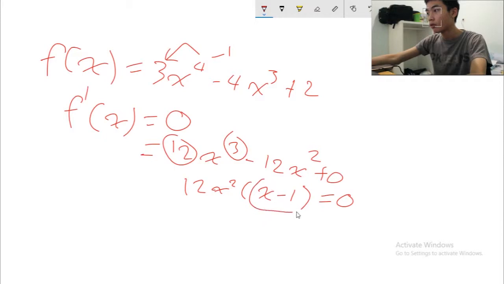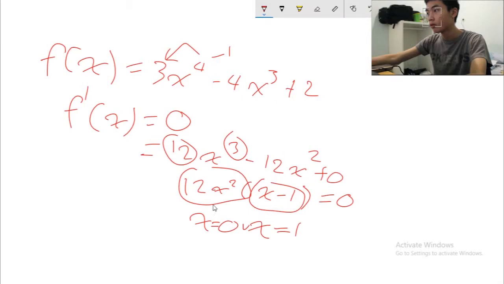And here x minus 1, we need to make this whole equation equal to 0, because this means x minus 1. We could just put x equals 1 directly. For this one, it is x equals 0, because 0 to the power of 2 is still 0 and 12 times 0 is 0.